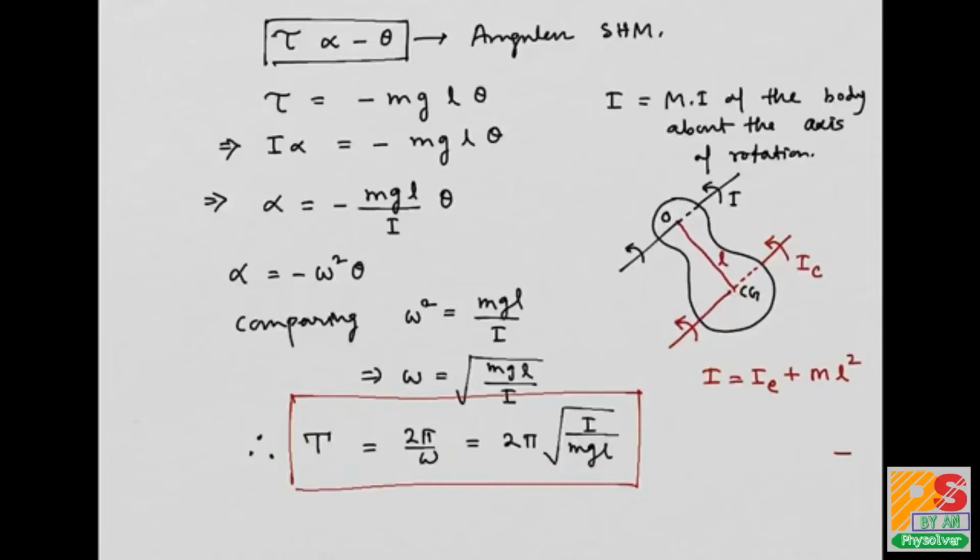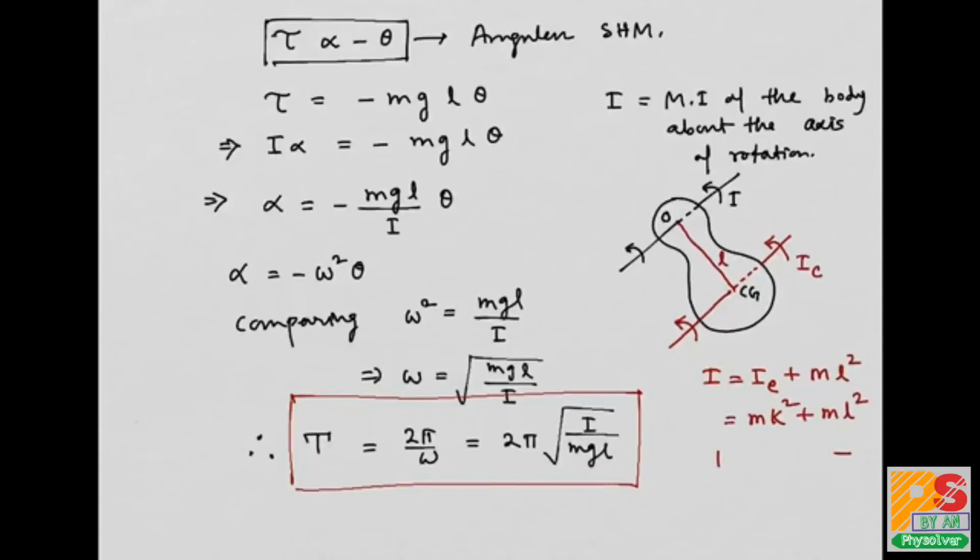Where m is the total mass of the body. And if the radius of gyration of the body about an axis passing through its center of mass is k, I can write I c as mk square, so I equals mk square plus mL square.